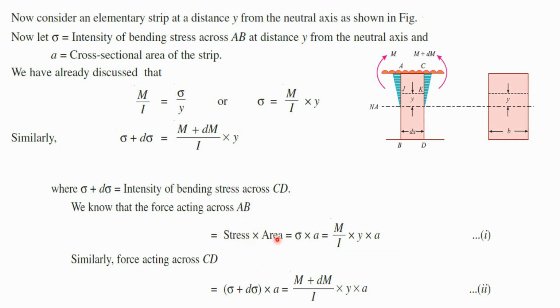So that respective force is equal to sigma into A. We have sigma as M upon I into Y, into A. So this is the respective force at the AB section, and similarly the force acting across the CD will be sigma plus delta sigma into A, that is M plus delta M divided by I into Y into A. So these are the two values of forces acting at the AB end and at the CD end.